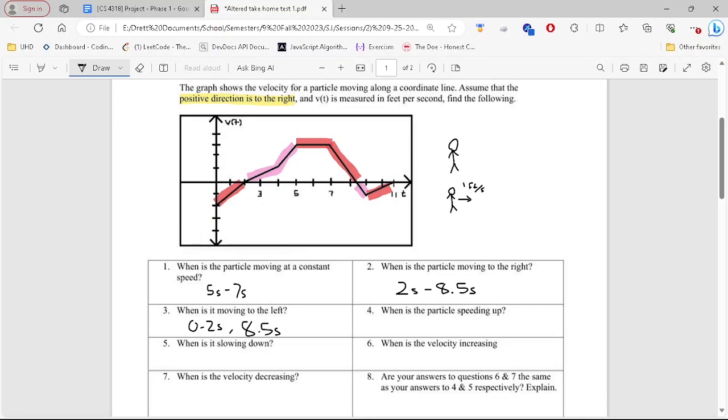So you can see how you've gone from standing still to moving. You have sped up, and from here even more so. You've gone from 1 feet per second at t equals 4 seconds to what is this? 3 feet per second.